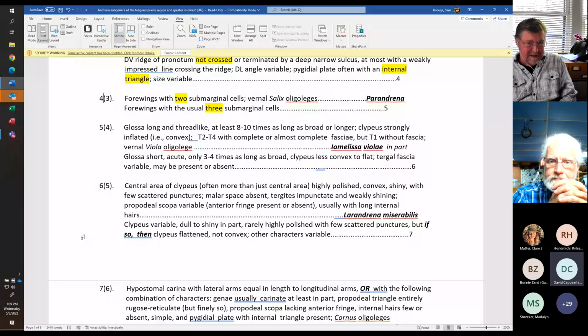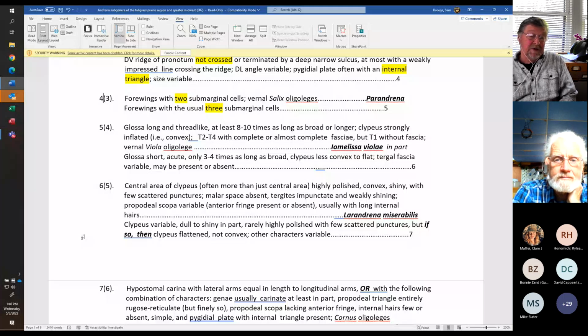Right. And there are Parandrena too out west. My knowledge of the Pacific Northwest Andrena is not very good. So Parandrena in the east: 2 submarginal cells, dorsoventral ridge, in both sexes, in this case.